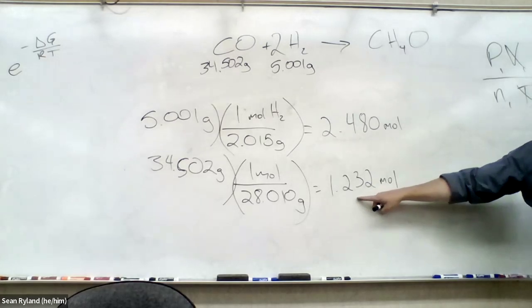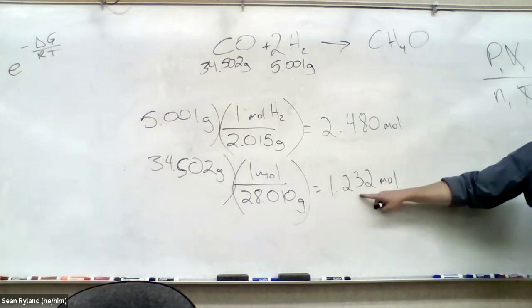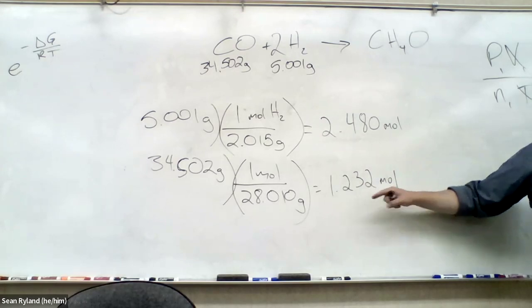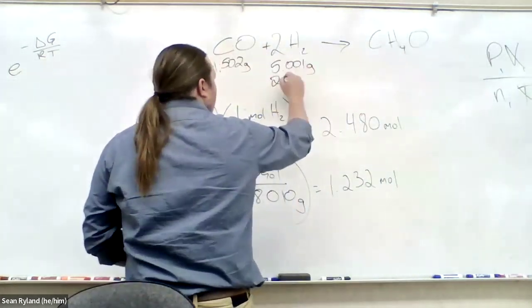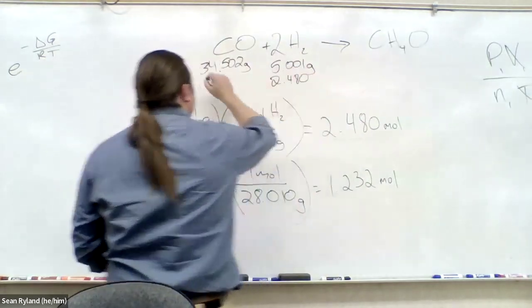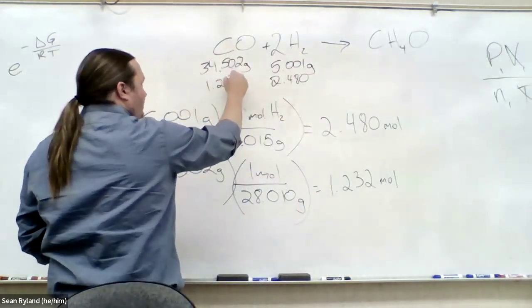If you double this, you're going to get 2.462. So you're going to run out of this one first, just barely, if we're just doing a limiting reactant problem here. 2.480, 1.232.